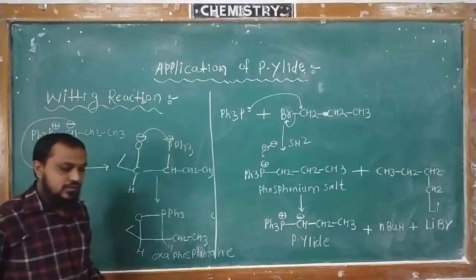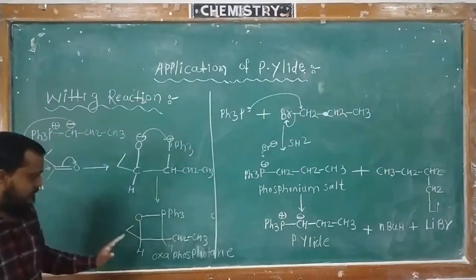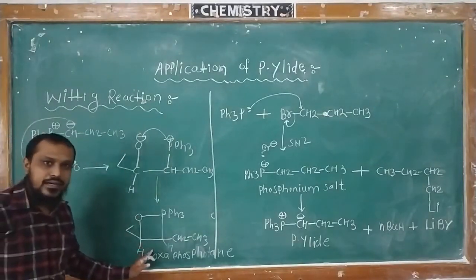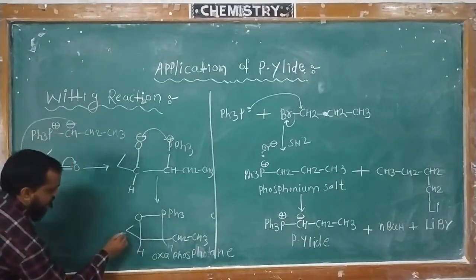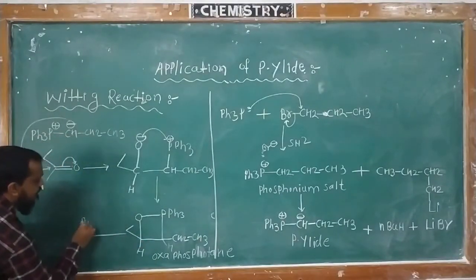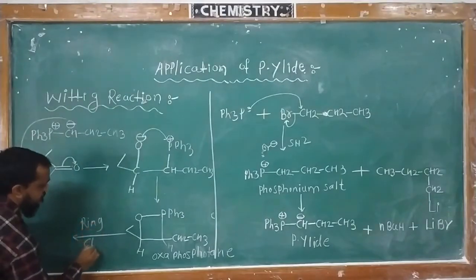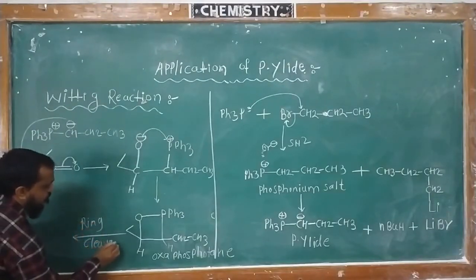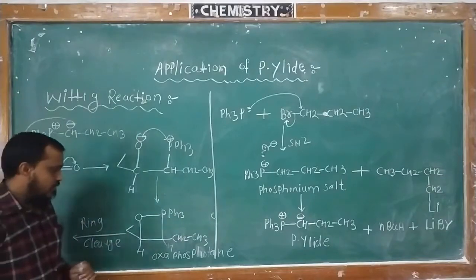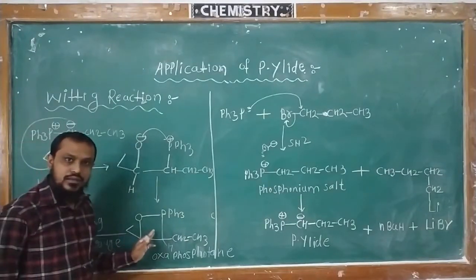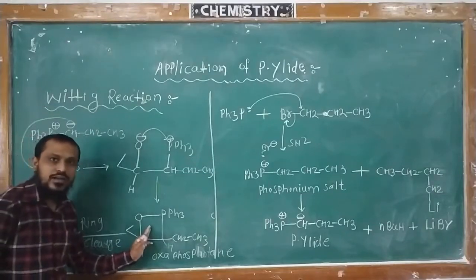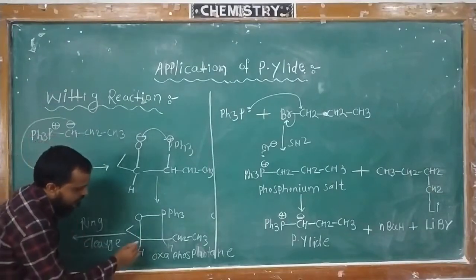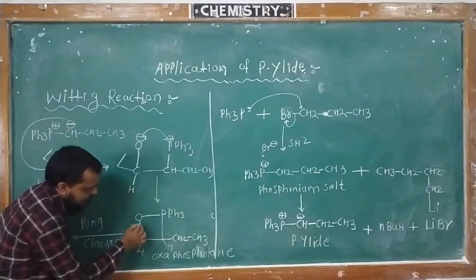Okay, now after formation of the oxaphosphetane intermediate, this intermediate undergoes ring cleavage. How does it undergo ring cleavage? Now look at the structure of the oxaphosphetane intermediate. We know that this is carbon, this is hydrogen.